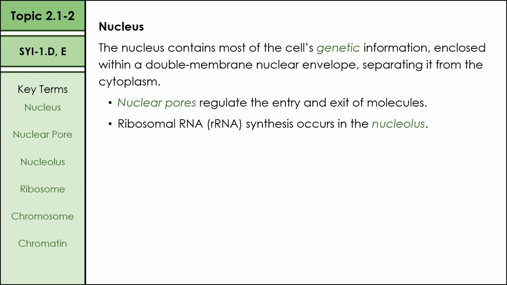And it is enclosed within a double membrane nuclear envelope, which separates it from the cytoplasm and the rest of the cell. As mentioned previously, the nuclear pores, which dot that nuclear envelope, regulate the entry and exit of different molecules. And we have the synthesis of our ribosome components, the ribosomal RNA, within the nucleus.